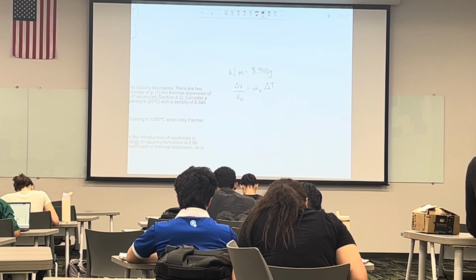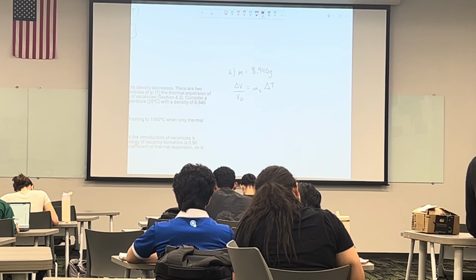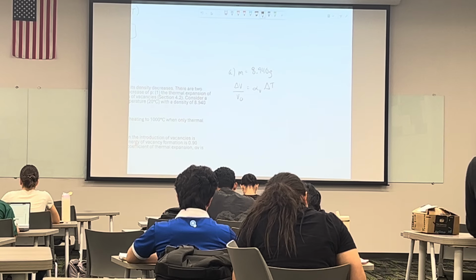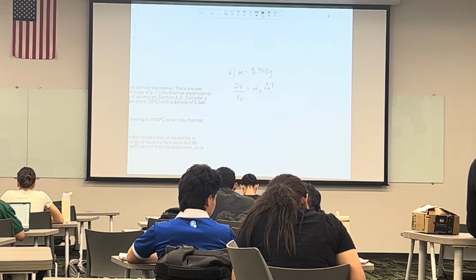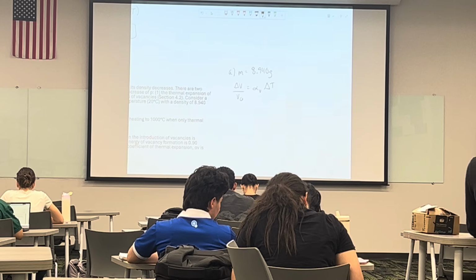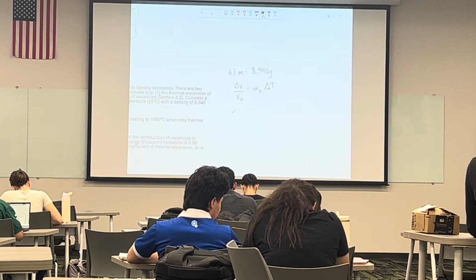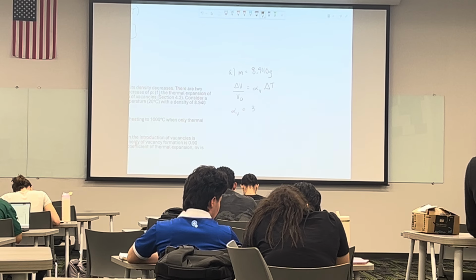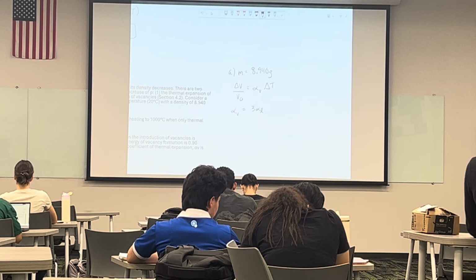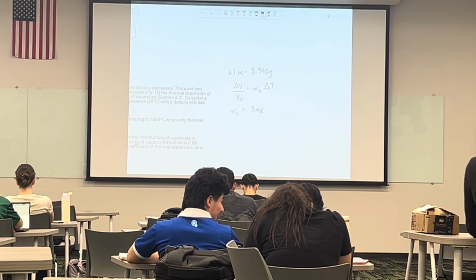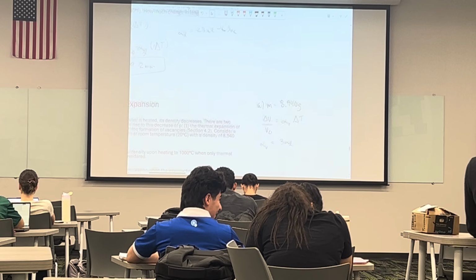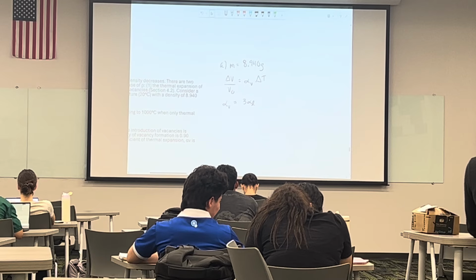And yes, alpha V is the volume coefficient of thermal expansion. And they mentioned that that value is equal to 3 alpha L. So basically 3 times the coefficient of thermal expansion, alpha L.